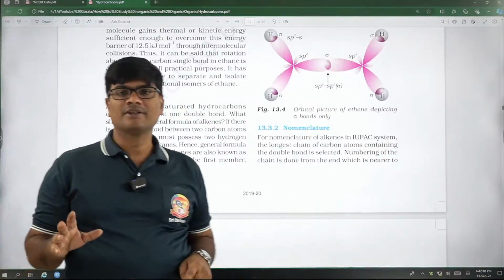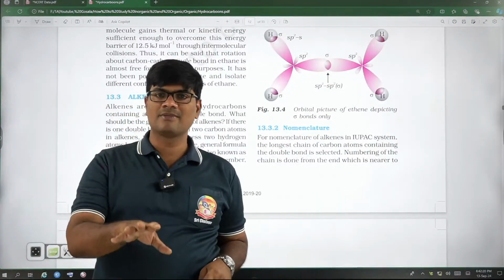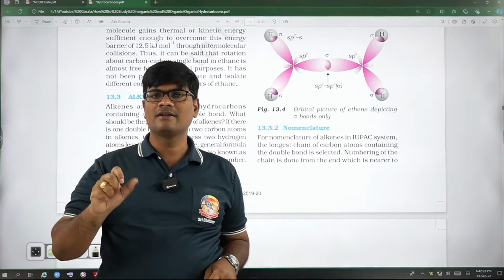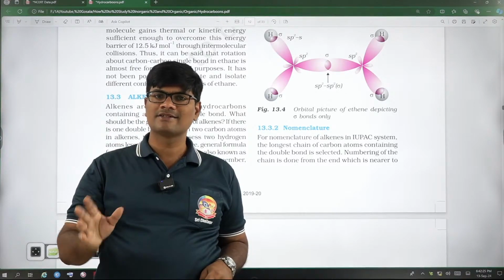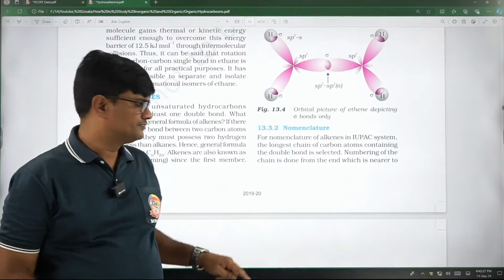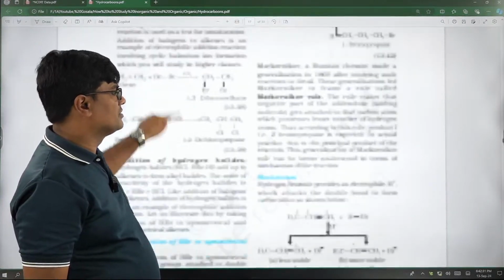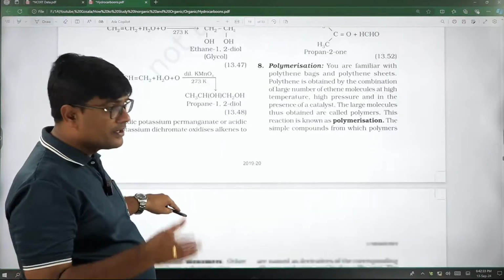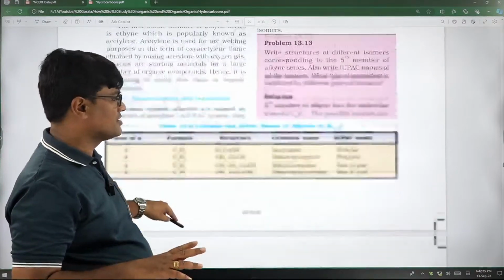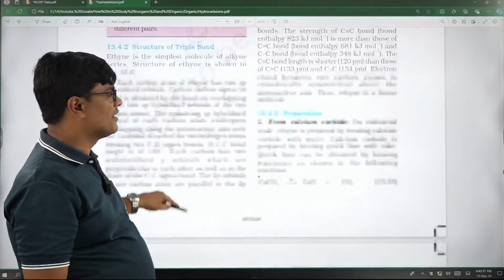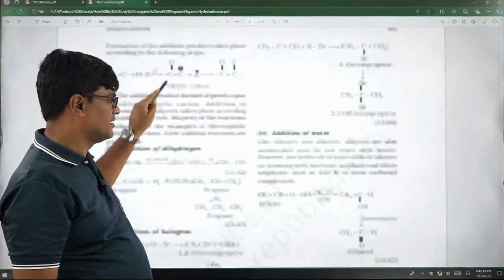Alkenes also, same story: the preparation methods and properties from NCERT are not sufficient. For alkenes, alkynes and also benzene, I suggest you go through the class notes, including NCERT. NCERT we need to go through, but class notes are very much important. Obviously, we cover everything that is in the NCERT.